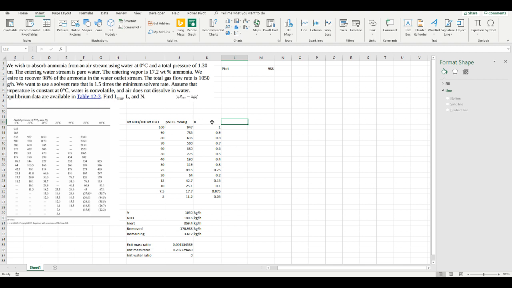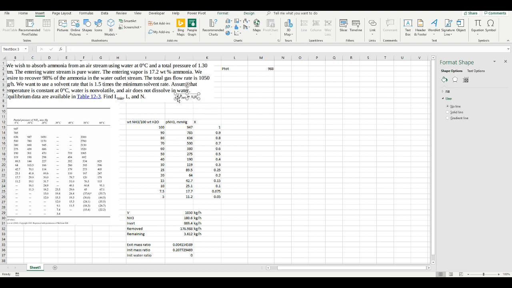And so now our equilibrium is given to us in terms of a partial pressure. So how do we convert this partial pressure into some sort of useful value, such as a mole fraction or a mole ratio or a mass ratio? Well, the key is to look at Raoult's law.